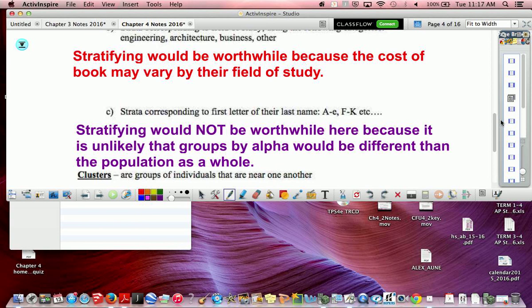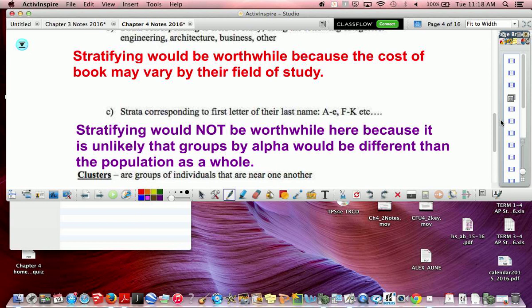What's nice about stratification is that whatever strata you choose is included in your sample, so no group or strata is left out. Are we okay with stratification and stratified random sampling? We'll have a big example on the back side here.